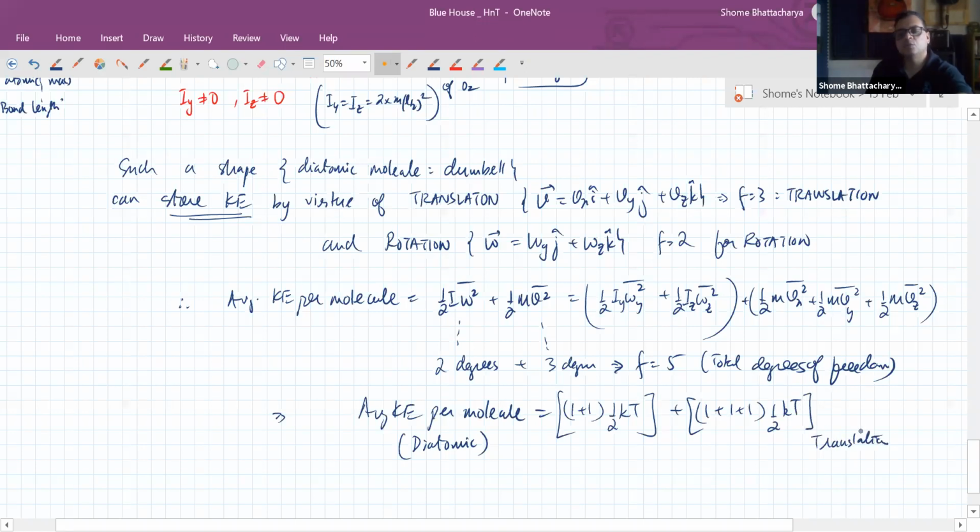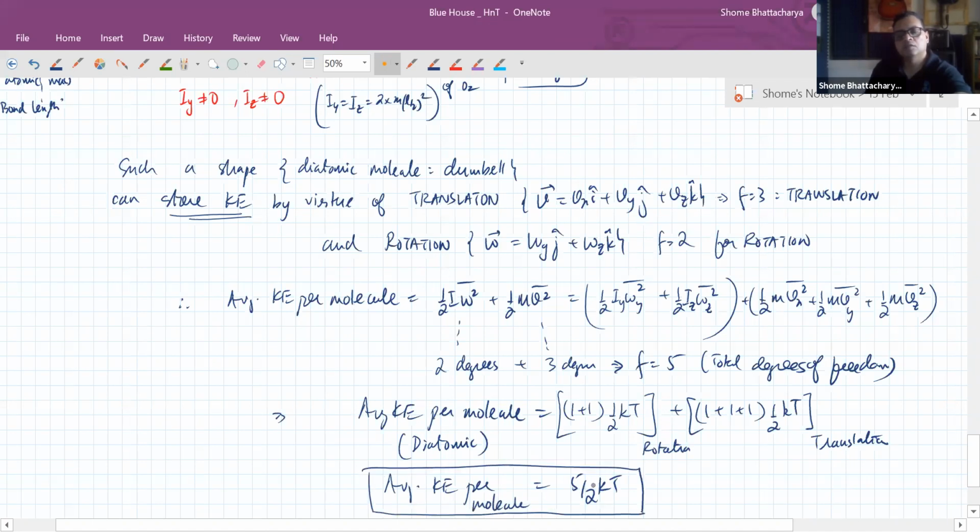So this is the proper explanation of degrees of freedom. So this will, in all, become 5 by 2 kT. Okay. The average kinetic energy per molecule will become 5 by 2 kT.